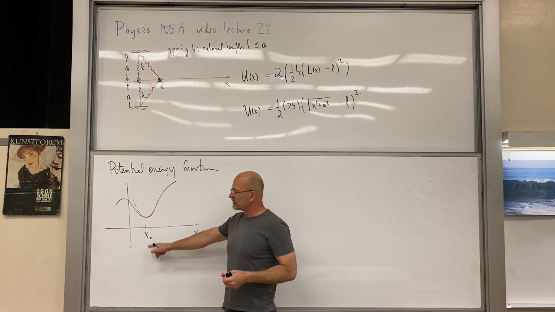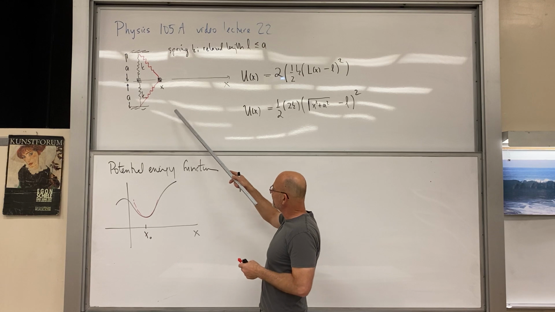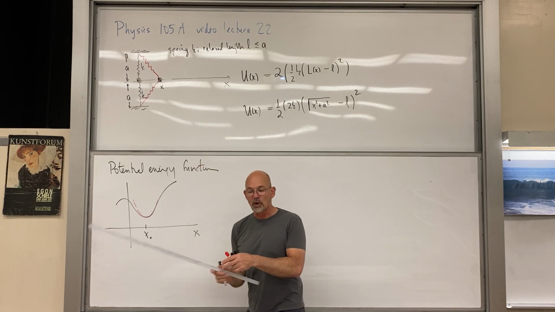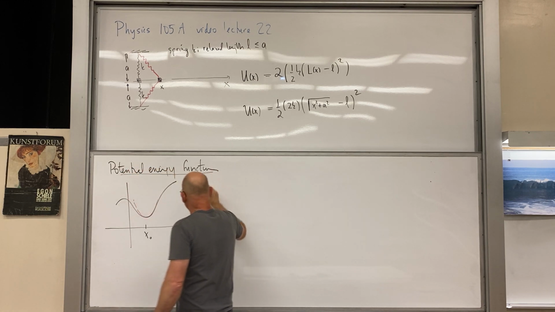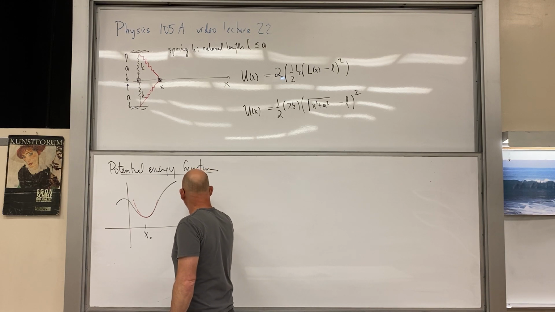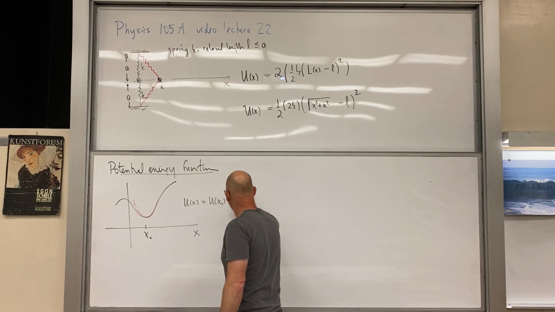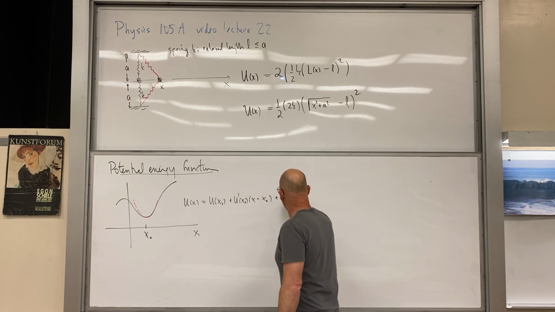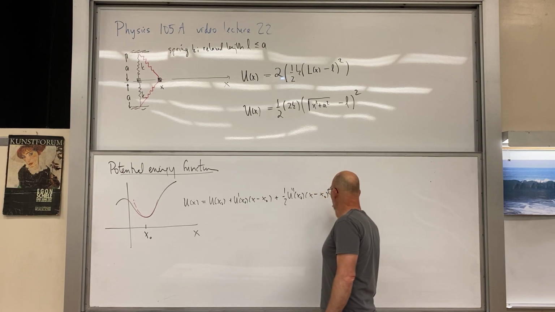Once we discover where x0 is, we can shift the origin. So for example, our contraption up here is something like this, except it has its local minimum at x equals 0. So what we would do here is expand u of x0, u prime of x0, x minus x0, u double prime, x minus x0 squared.